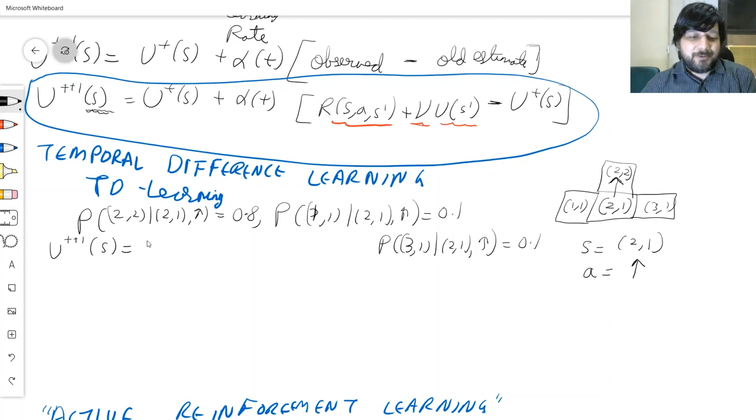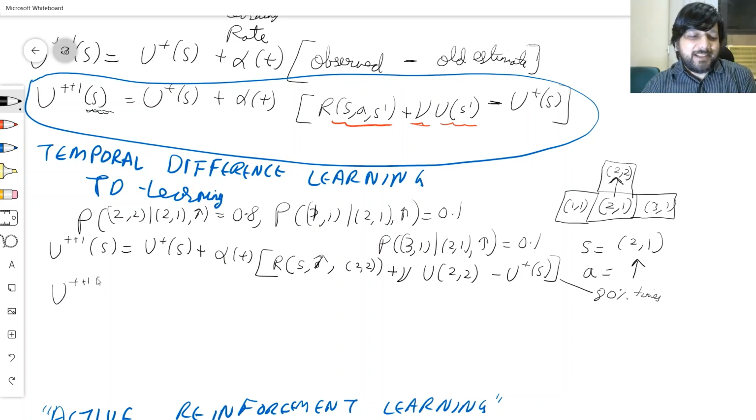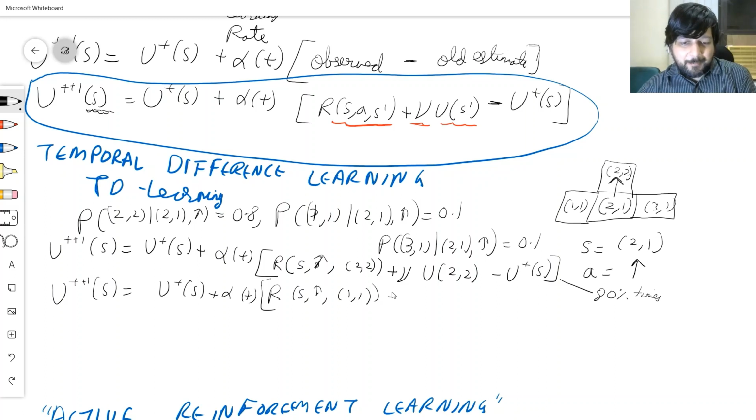U_{t+1}(S) is equal to U_t(S) plus alpha_t times R(S, action up, S dash = 2,2) plus gamma times utility of 2,2 minus U_t(S), and this equation will be applied 80% of the times, because 80% of the times God will select 2,2. Similarly, U(S) will be U_t(S) plus alpha_t times R(S, A, S dash = 1,1) plus gamma times utility of 1,1 minus U_t(S).